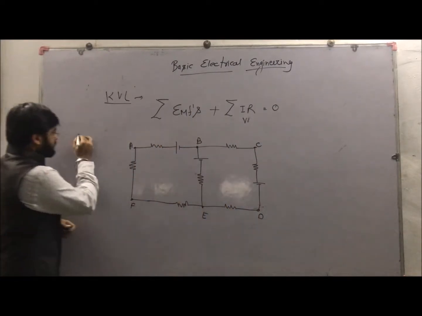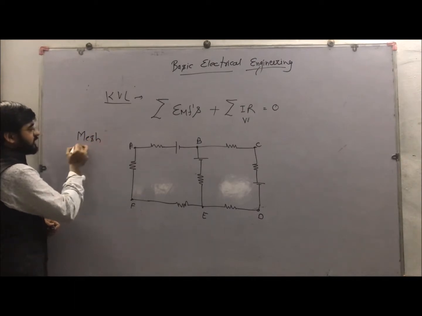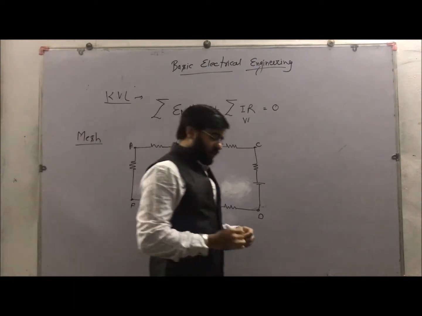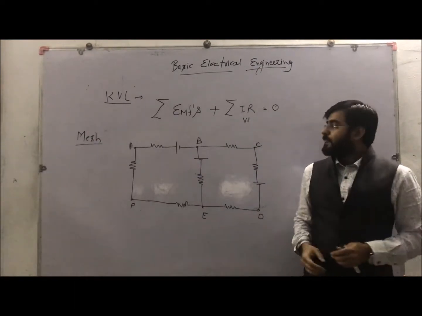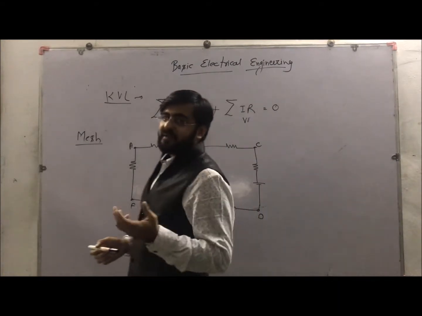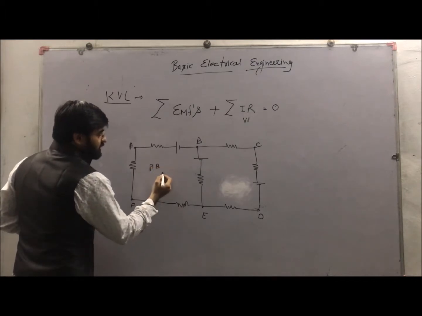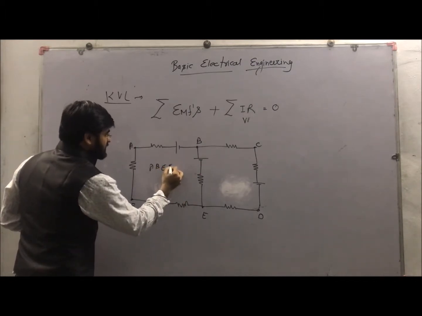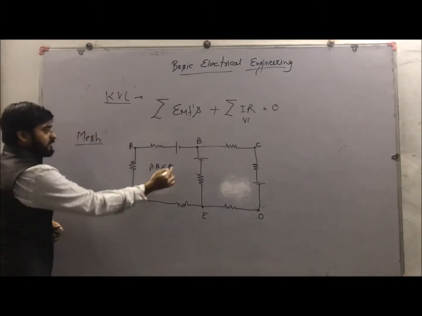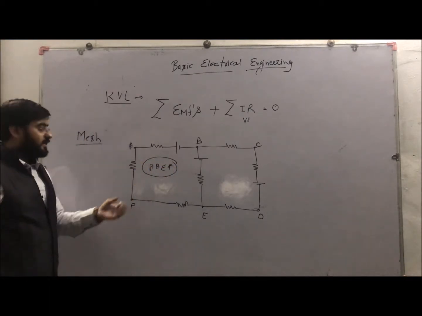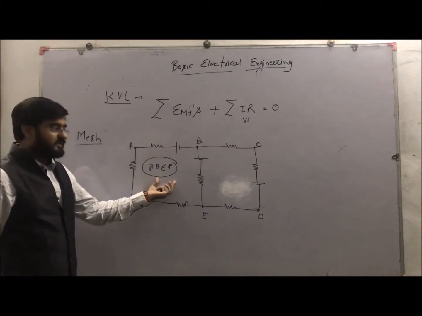What is a mesh? A mesh is a closed circuit in which no other mesh is included. That means A, B, E, F. This is a mesh because there are no other meshes in between this.